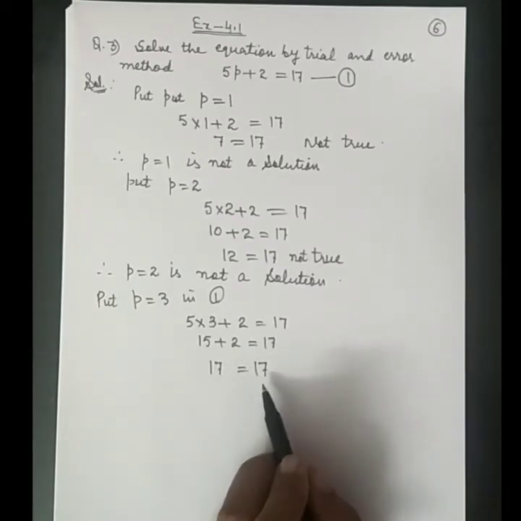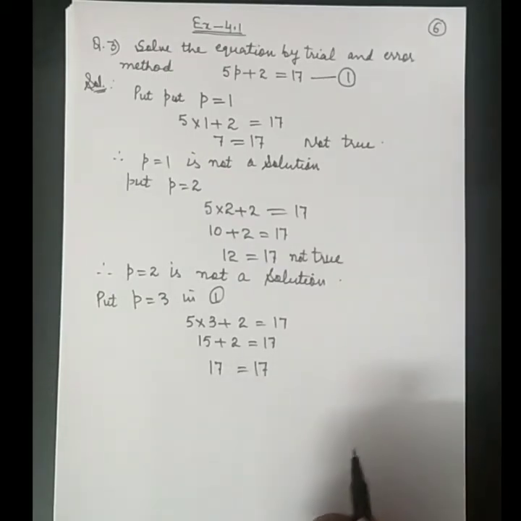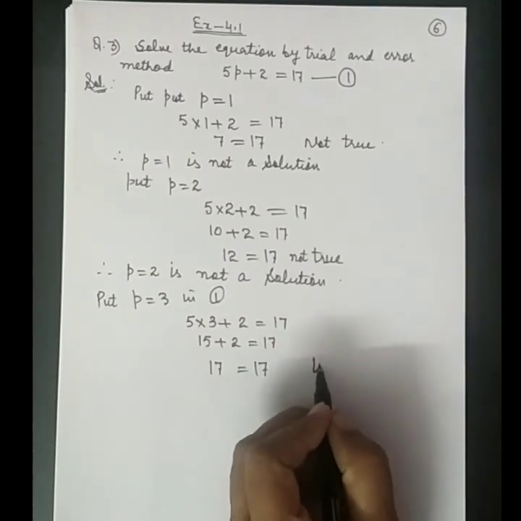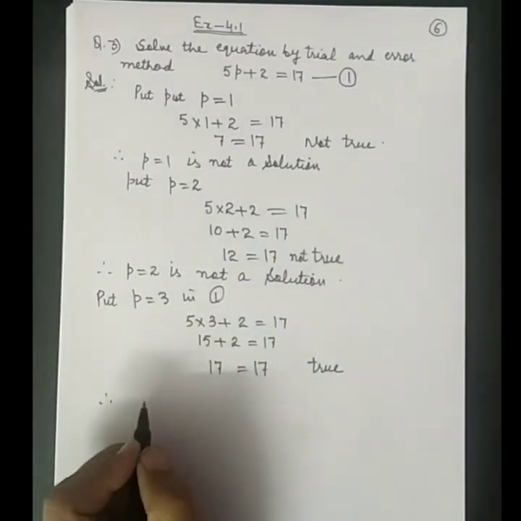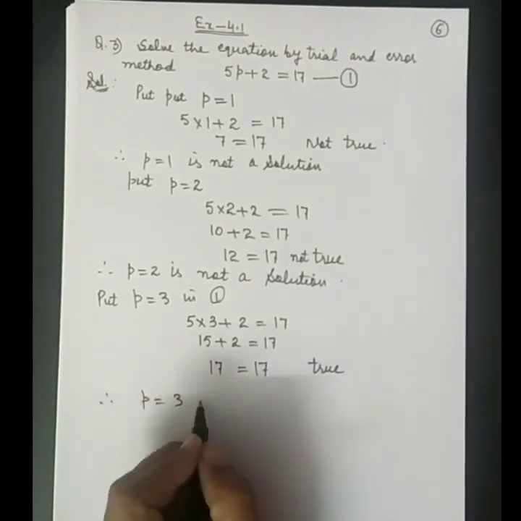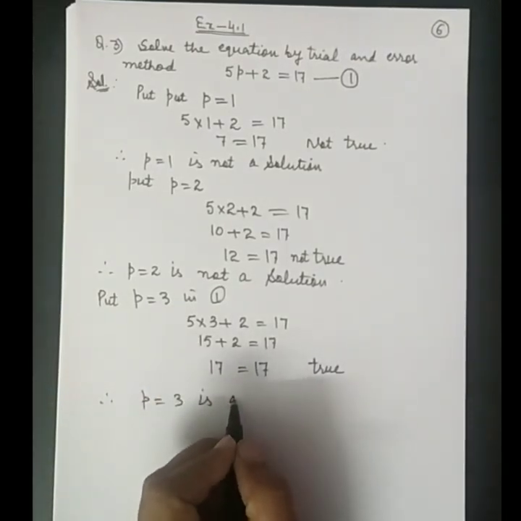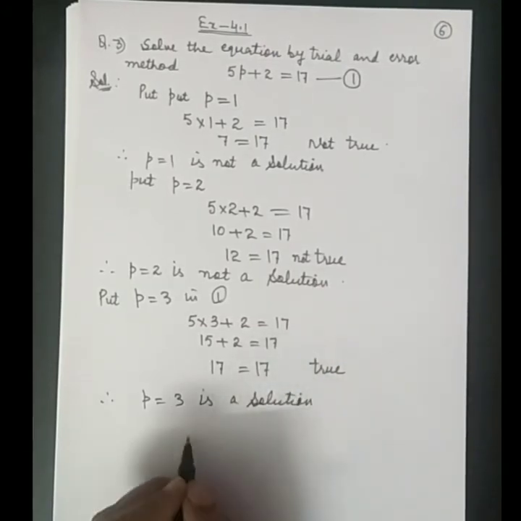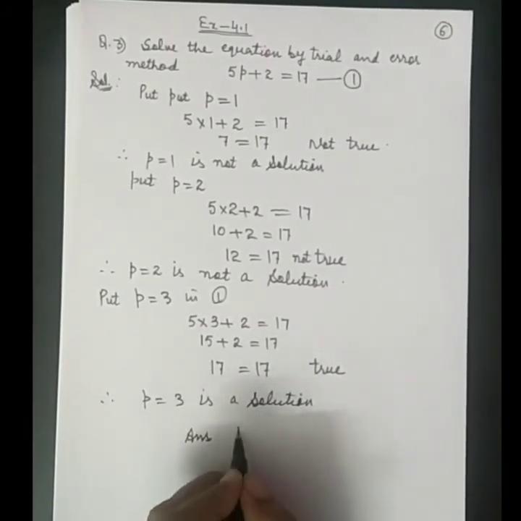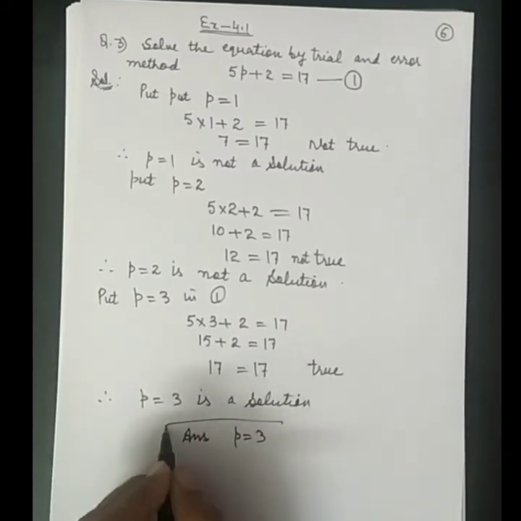Is it true? Yes. Both the sides are equal. So it is true. Therefore, p is equal to 3 is your solution. So answer is p is equal to 3.